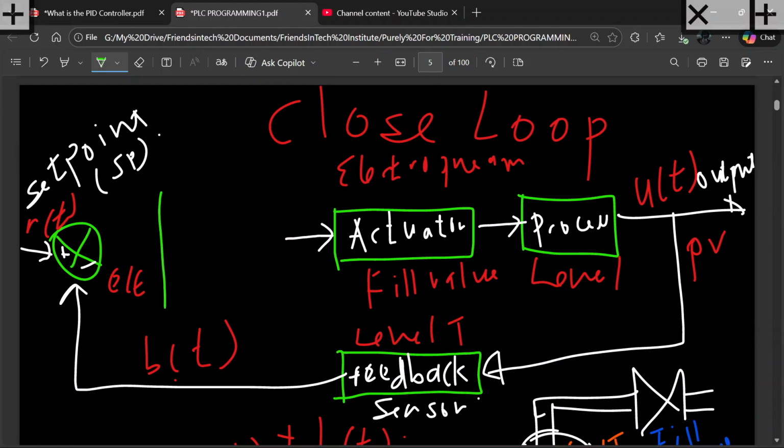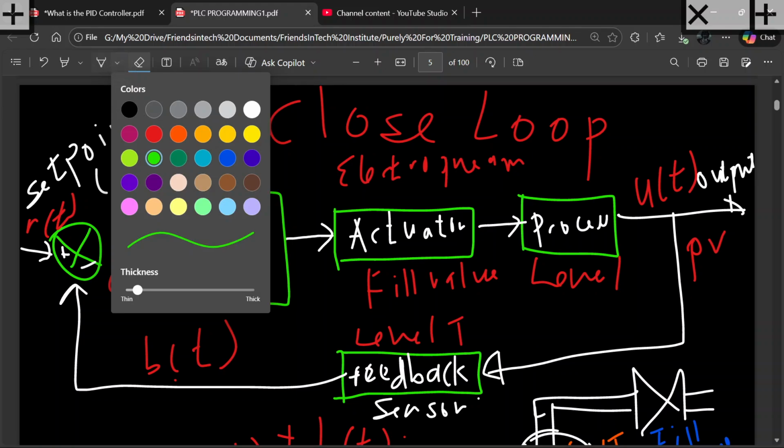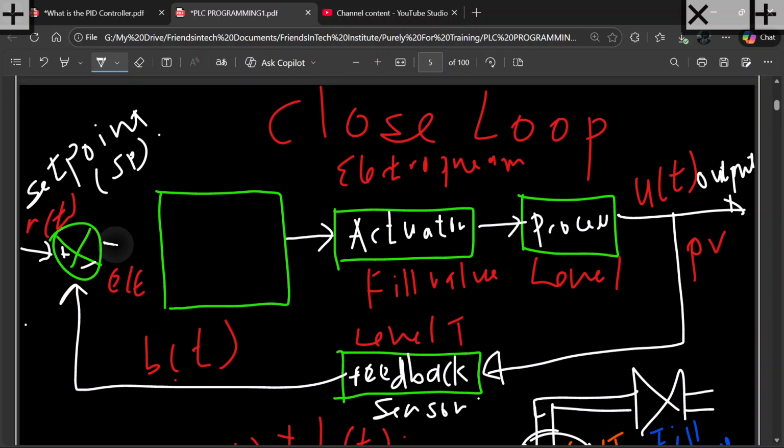So we just replace it here with a PID controller. So this here becomes PID controller. PID controller is a 3-mode controller.